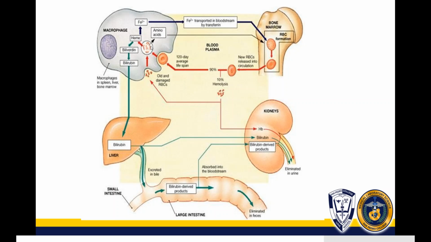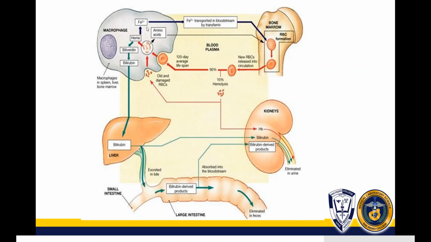Whereas the globin chains are basically proteins, made up of amino acids. These amino acids will be brought to the globin pool in the bone marrow because these amino acids will be recycled again in generating another batch of RBCs.